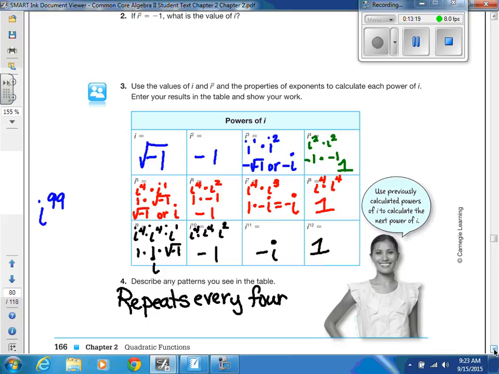It's left over, because what are those groups of 4 equal to? 1. And does multiplying by 1 change anything? So if I'm multiplying by 1 10 times or 10,000 times, does it matter? What matters? What's left over? Right. What's a big boy, big girl word for what's left over?